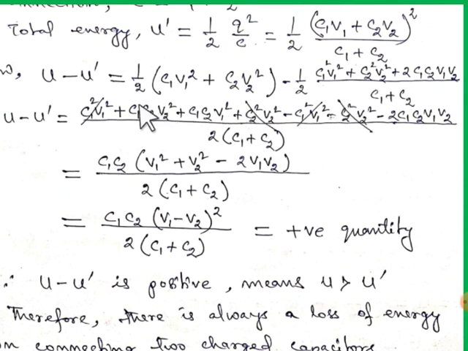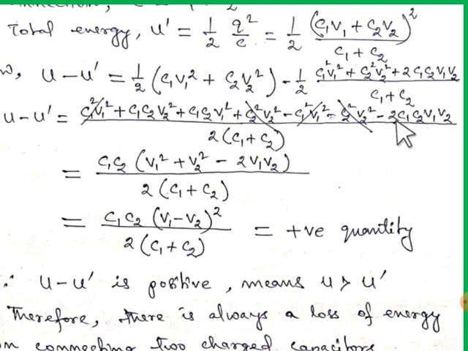So after cancelling these like and opposite terms, what happened? You will get c1 c2 b2 square, c1 c2 b1 square, and the last one is minus twice c1 c2 b1 b2. Let's take this as a first term, this as a second term, and this as a third term.